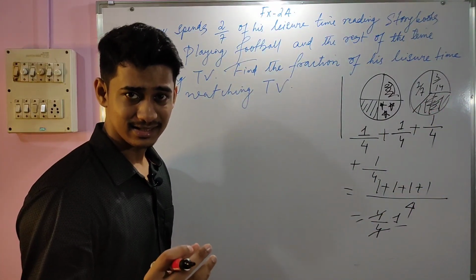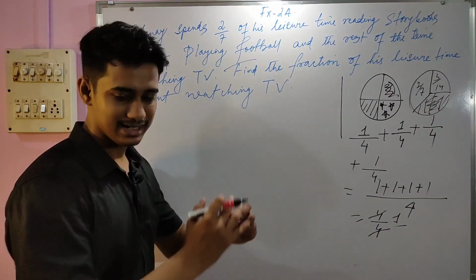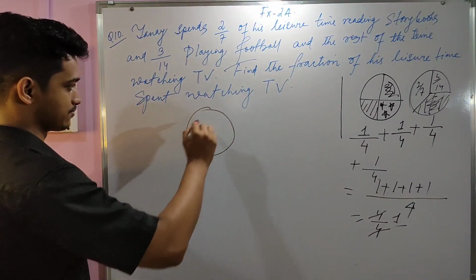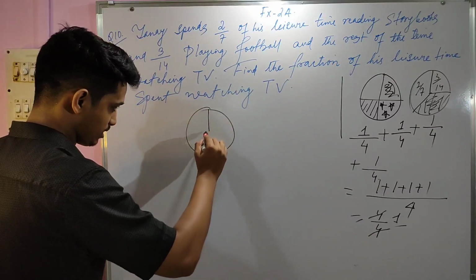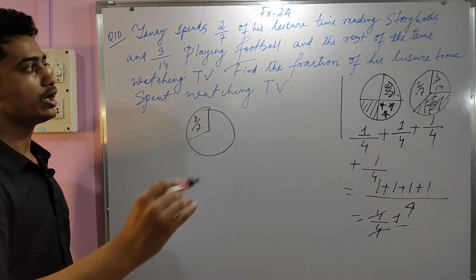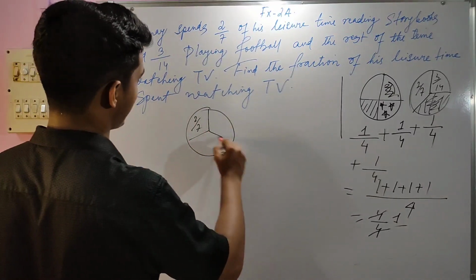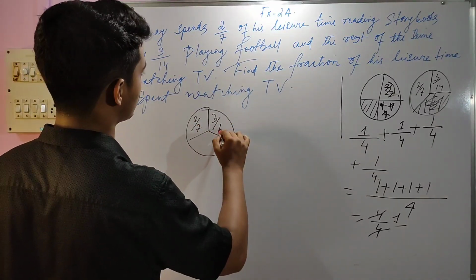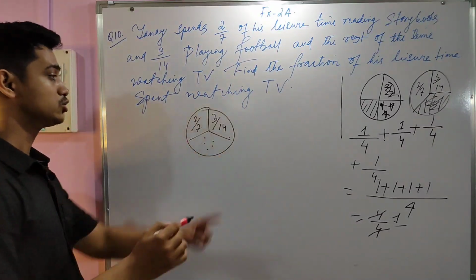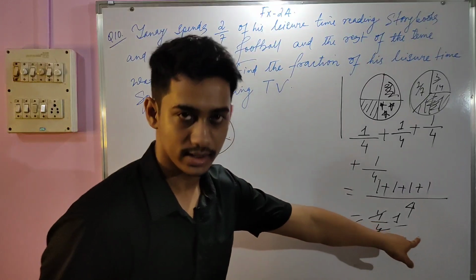Do you understand or not? Let me clear this once again and draw the figure once again. Now focus. What is the fraction over here? 2 by 7 spent on reading storybooks and 3 by 14 playing football, and we have to calculate this part. The total we have calculated is 1, right?